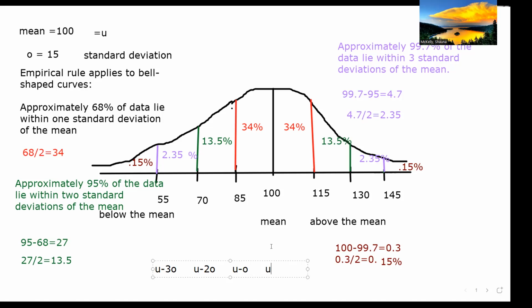Okay. Then you have 115. So mu is 100. So let me move that over slightly. There we go. 115 is mu plus 1 sigma. So this is mu plus 1 sigma here.